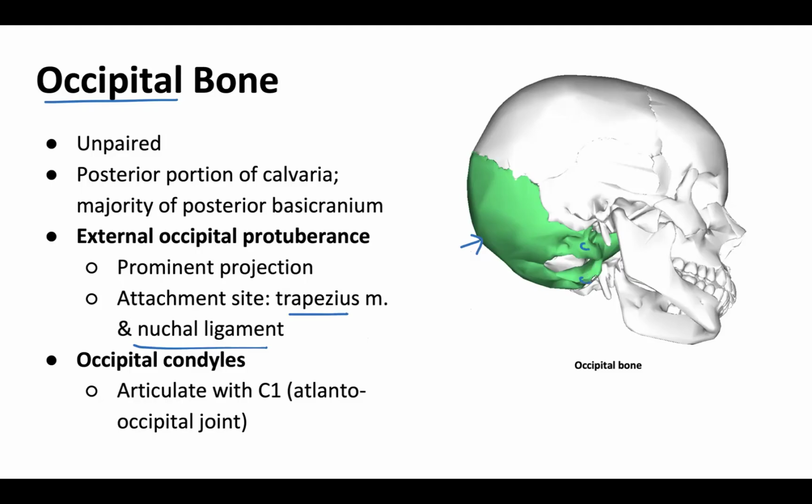These are two oval or kidney bean shaped processes with convex surfaces. They articulate with the first cervical vertebra to form the atlanto-occipital joint, which with its movements allows us to shake our head yes. These are located on either side of this giant hole called the foramen magnum, which we will discuss in more detail with the cranial fossa.